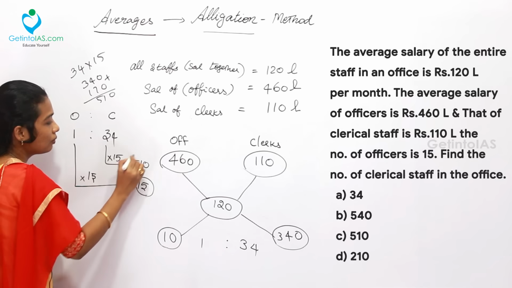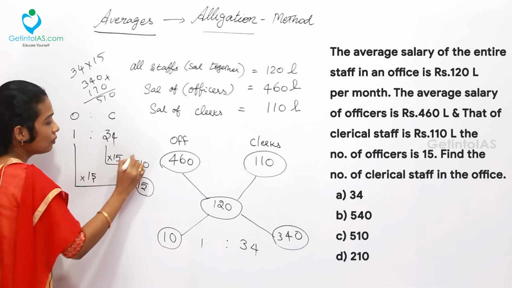In a school with 600 students, the average age of boys is 12 years and that of girls is 11 years. If the average age of the total students is 11 years and 9 months, find the number of girls in the school. Here the same problem can also be solved under the alligation method. Total number of students is 600.